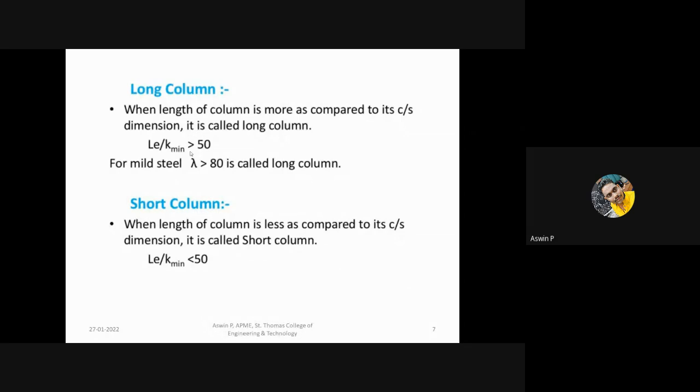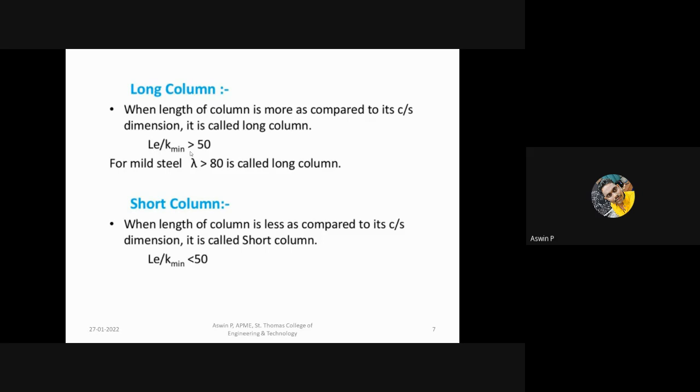First of all, you need to know what is a column. Then you need to understand what is a long column, what is a short column, and what is a medium column. In the case of a long column, the cross-section dimension will be small compared with the length. Length will be very large and cross-section will be small. So when LE divided by K, that is slenderness ratio, is greater than 50, it is known as a long column.